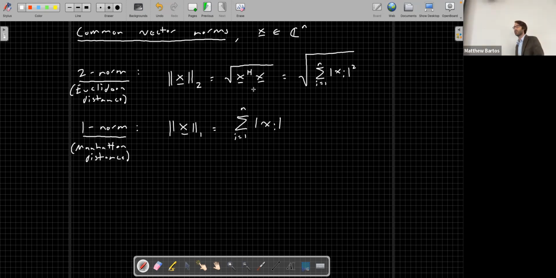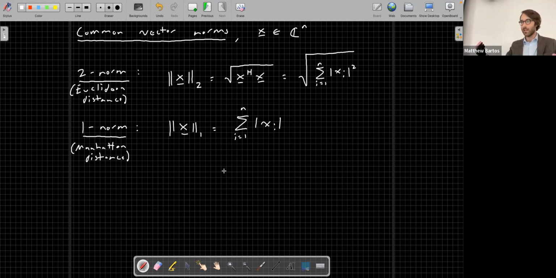It's called the Manhattan distance because if you have, for instance, the distance between 2 points in a plane, so let's say you're trying to get from point A to point B, it would be the sum of the side lengths of those 2 components. So if you're taking a taxi in Manhattan, it's the distance that you would need to travel to get from point A to point B. So that is another common norm.